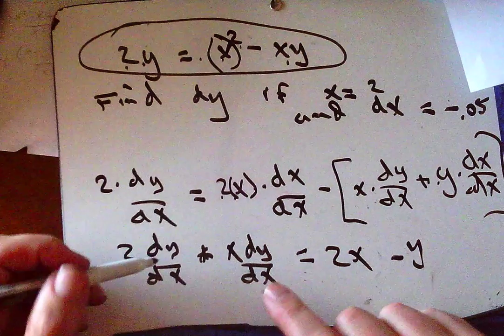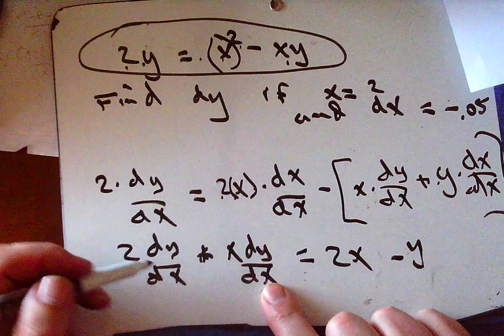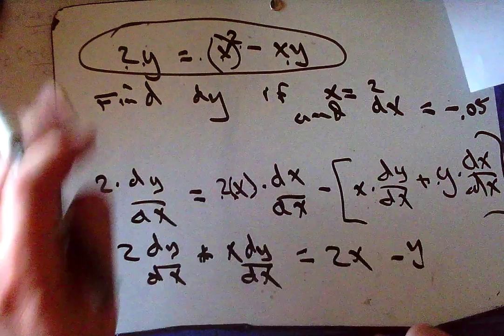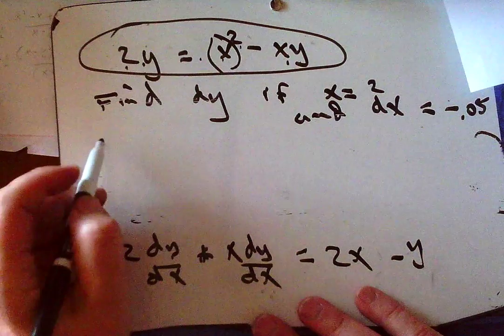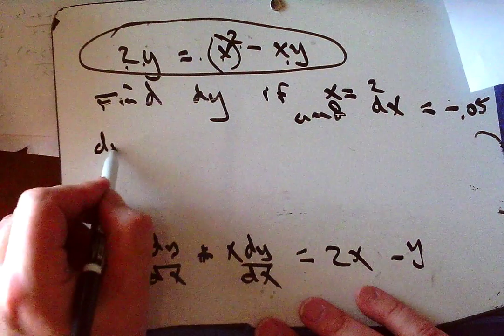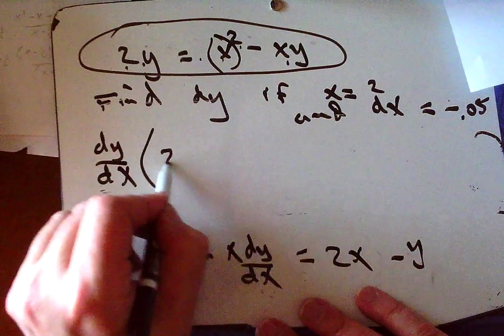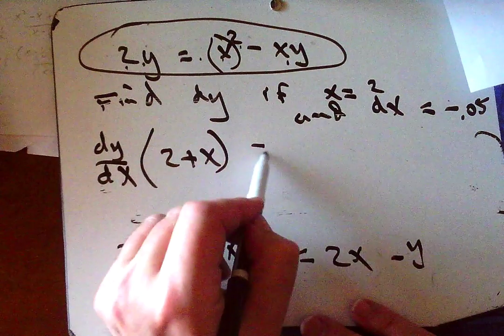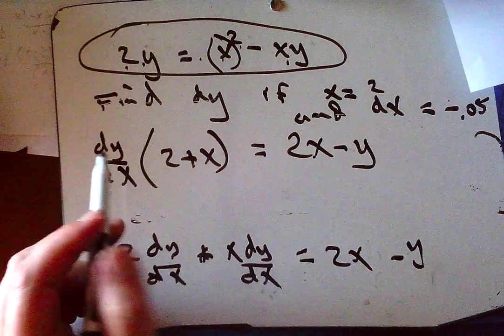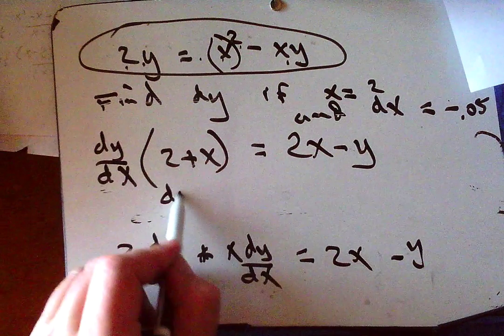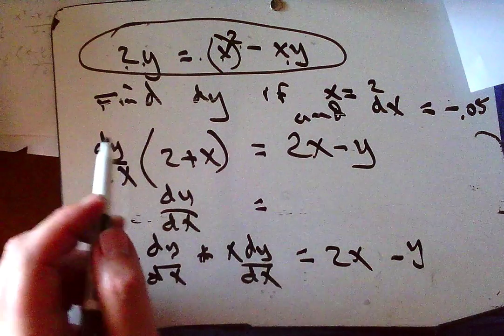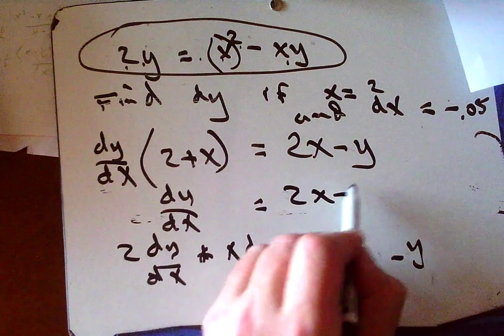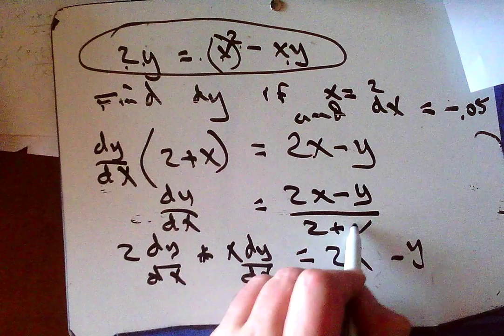Okay, and then factor out that dy dx so that you get dy dx times 2 plus x equals 2x minus y. And so to get dy dx alone, I need to divide both sides by 2 plus x. So I've got 2x minus y over 2 plus x.